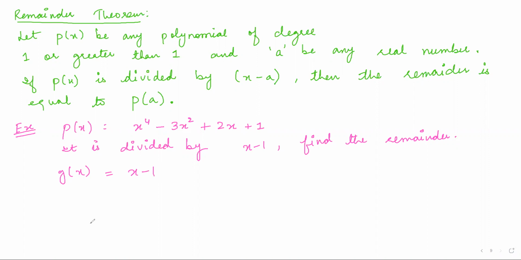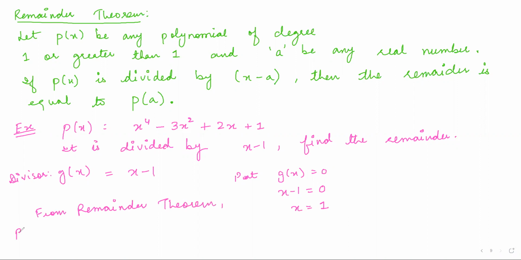So what we do is, we put this polynomial, I mean the divisor, this is actually your divisor, so we put your Gx equal to 0. So that means x minus 1 equal to 0. So that gives you x is equal to 1, right? So from the remainder theorem, the required remainder is actually equal to the value of this polynomial at 1.